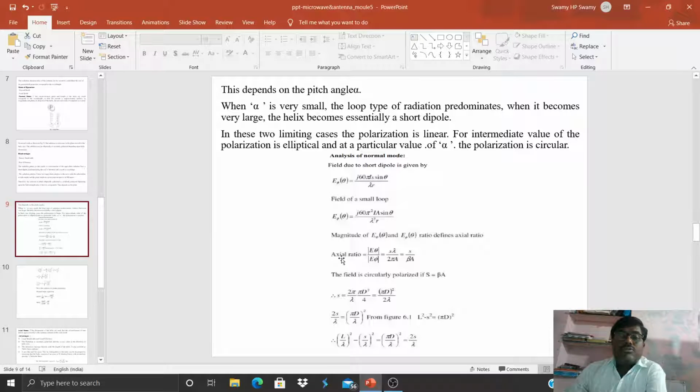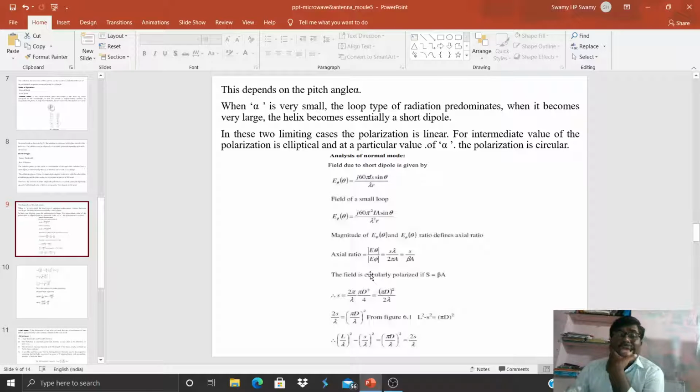The fields of the small loop are the phi component of electric field intensity, whereas the fields due to the short dipole are the theta component. So the magnitude of the ratio of E theta to E phi gives you the axial ratio, that is equal to S lambda by 2 pi a, that is equal to S divided by beta a, because beta is equal to 2 pi divided by lambda.